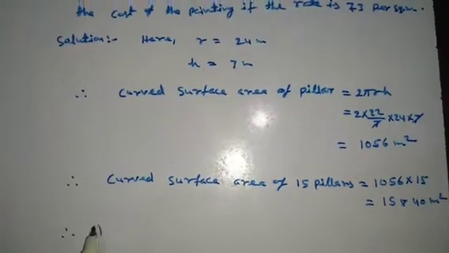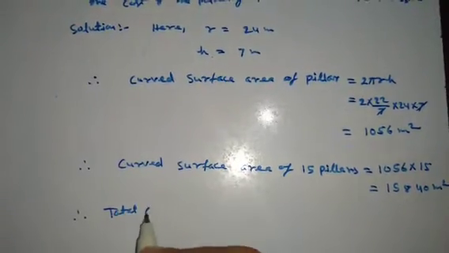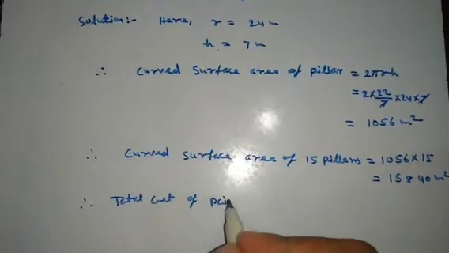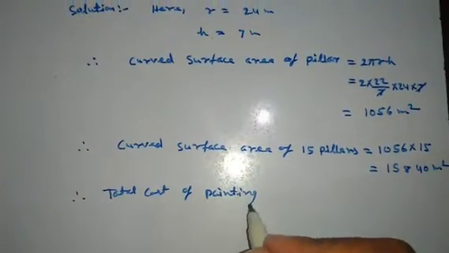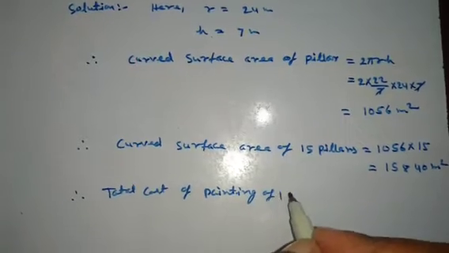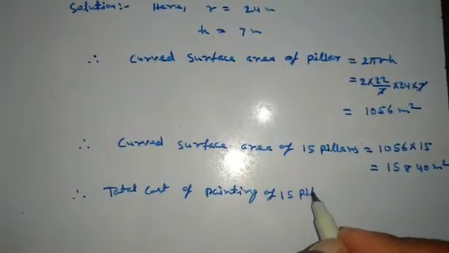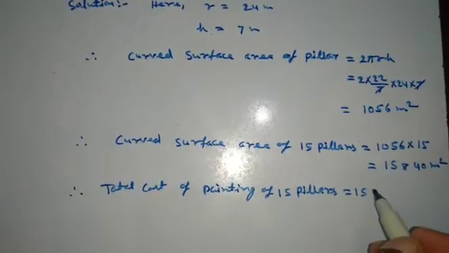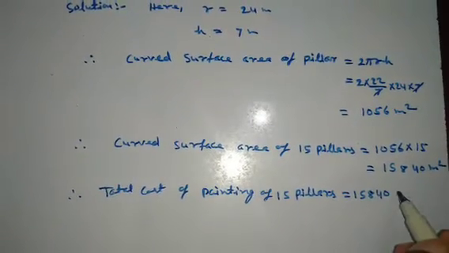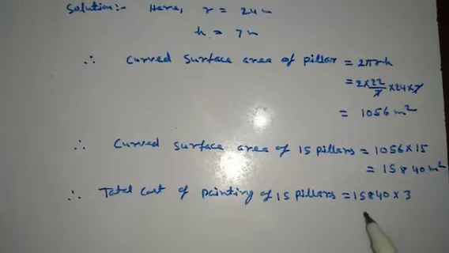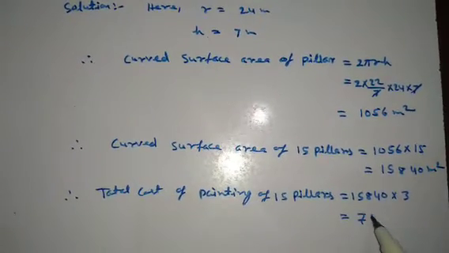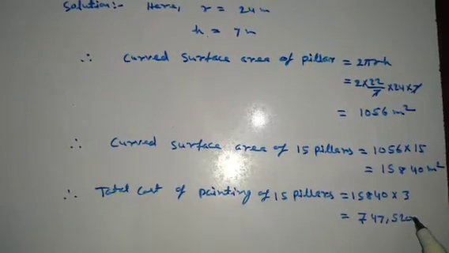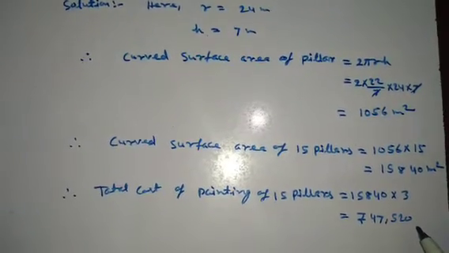So total cost of painting of 15 pillars equal to 15,840 into 3 equal to rupees 47,520. This is our answer.